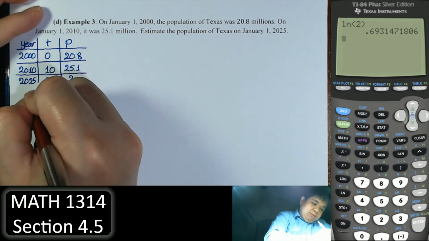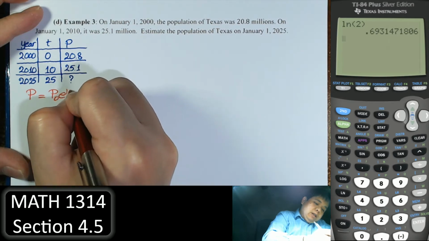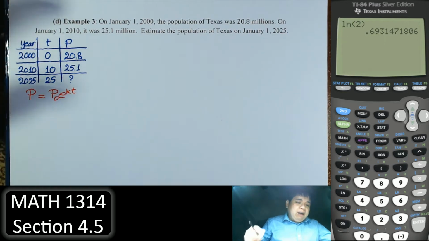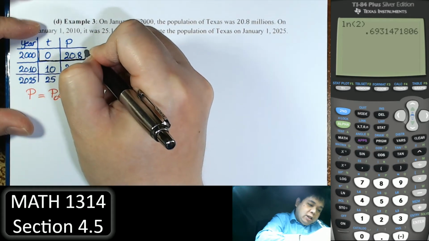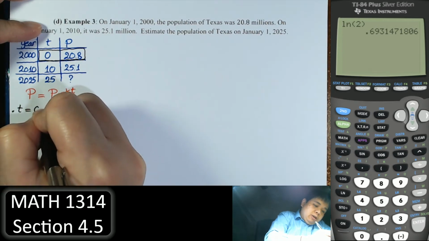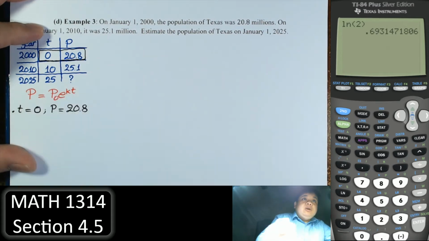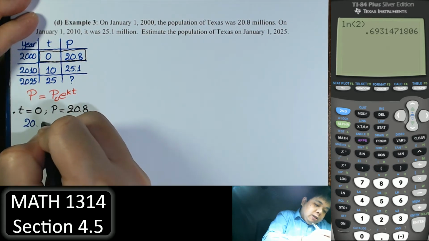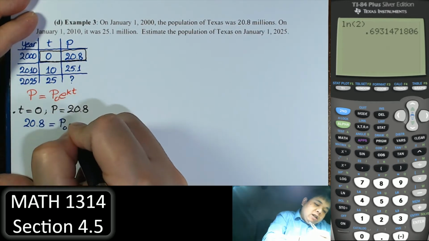And exponential growth will be like this. Now I'm just going to use every set of data that we know. First, when t equals 0, P equals 20.8. So we substitute into our problem: 20.8 equals P naught e to the kt.